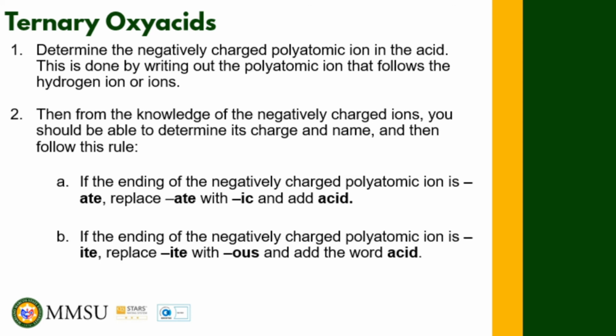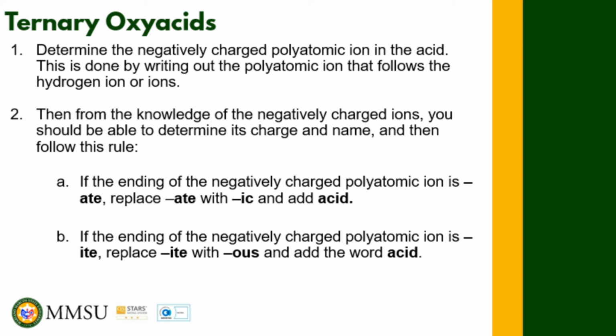If the ending of the negatively charged polyatomic ion is ATE, replace ATE with IC and add acid. While if the ending of the negatively charged polyatomic ion is ITE, replace ITE with OUS and then add acid.